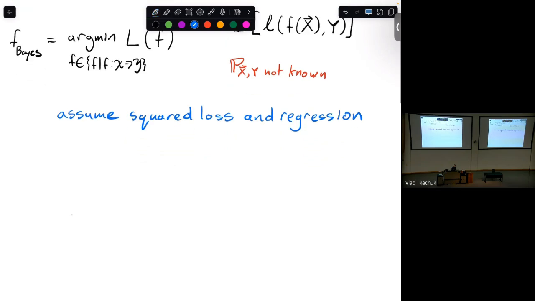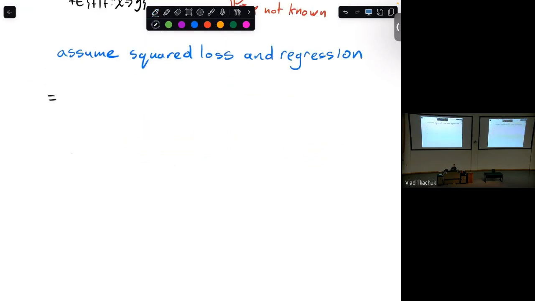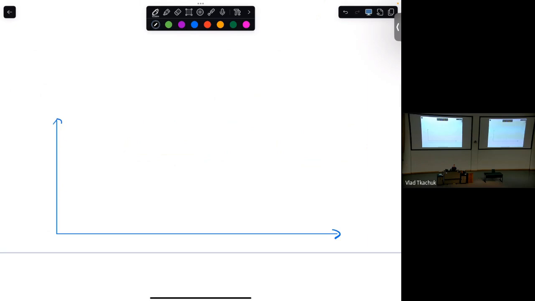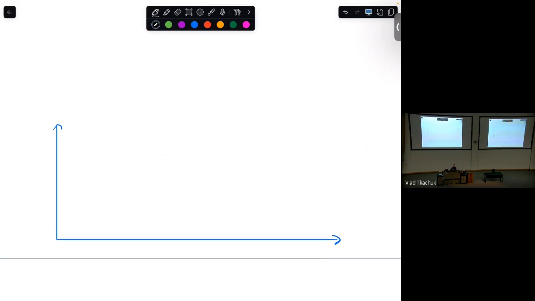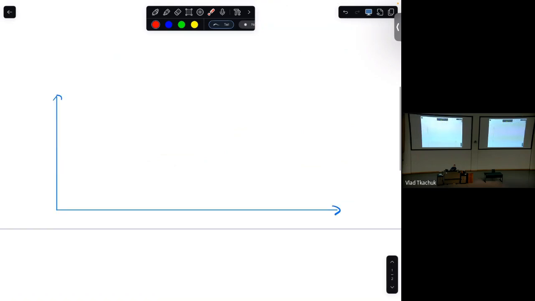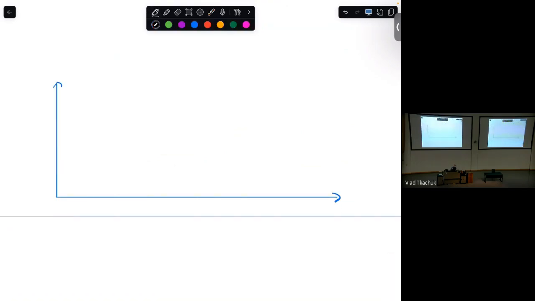If you do that calculation, which is not hard to do, before we even do it, let's visually guess at what this might be. We've seen an idea of f base before. How did we understand what f base is? One way is that we somehow need to get an understanding of this distribution, and one way to view the distribution is to plot a bunch of points from it, like an insane amount of points.